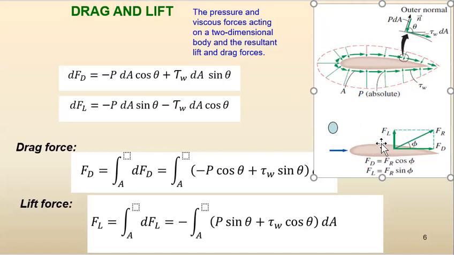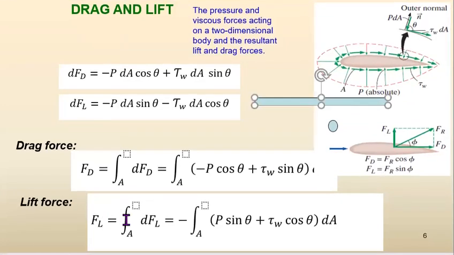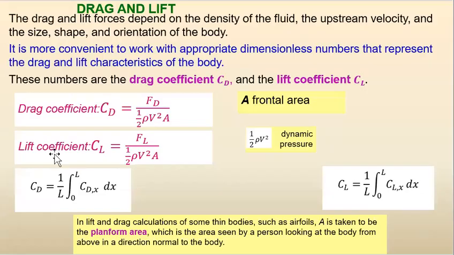Airfoil may be very wide. If it's very wide, then what the person sees is something like this when looking at the airfoil from the front side. So the area is the frontal area.